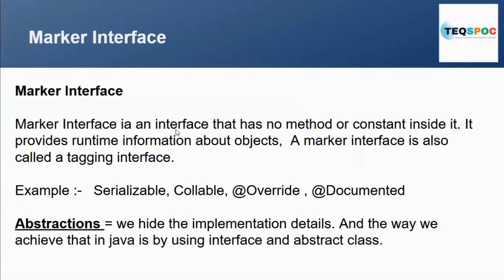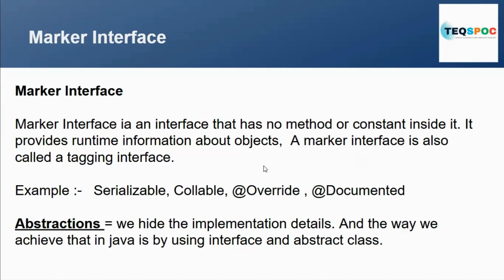So first thing, what is a marker interface? A marker interface is an interface that has no method or constant inside. It provides runtime information about the object. A marker interface is also known as a tagging interface. In previous classes we have seen the overriding annotation and the deprecated annotation.